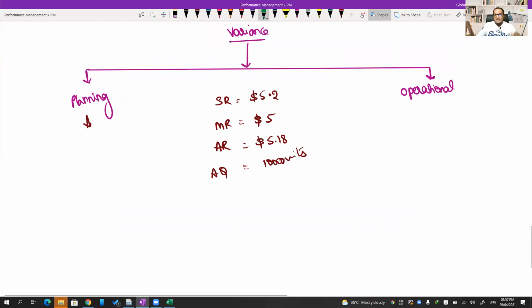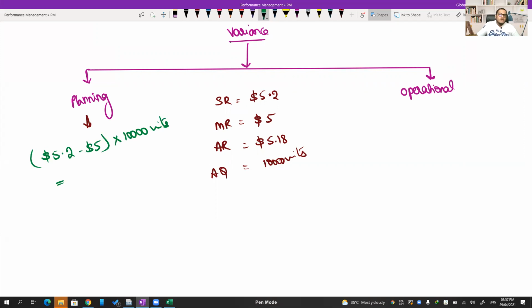Planning variance. You budgeted that to be 5.2, whereas the market rate is only 5. Correct? So, $5.2 minus $5 into the 10,000 units. That means because of an improper budgeting system, you gave them a target of maximum $5.2 per unit, but actually it is supposed to spend only $5.